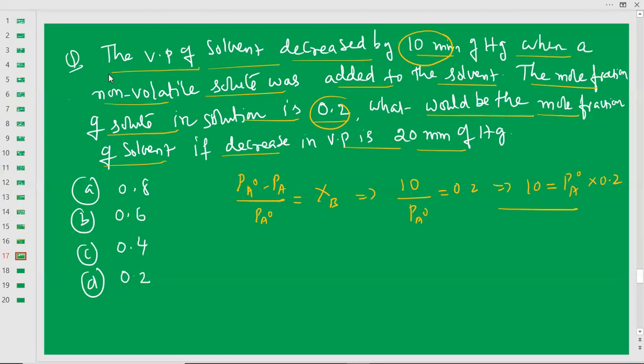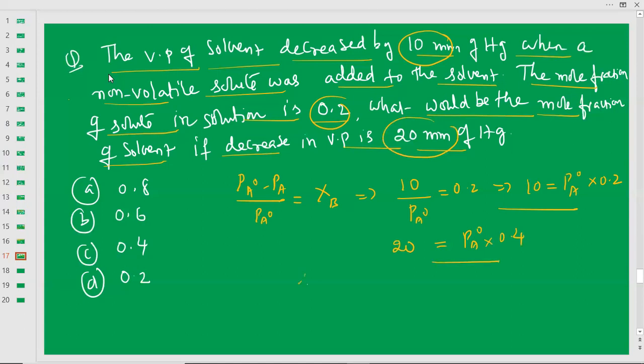And again they told another point, that 20 millimeter of Hg is the decrease. So 20 by P naught, the mole fraction. When it is raised 2 times, then it will become 2 times, that mole fraction is 0.4. So I can write this value as 0.4.